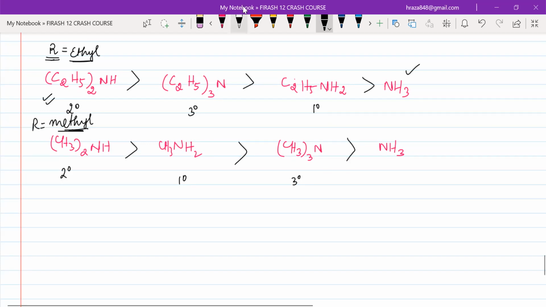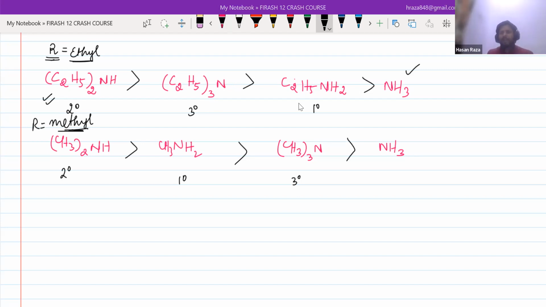This is because of the two factors that we discussed, the plus I effect and the solvation. So the one which dominates is more basic. So in this way, I wrote the order, and you have to keep this order in mind. It's very important. Now I'm going to give you this question, which is very easy. This is your aniline. This is your ammonia.